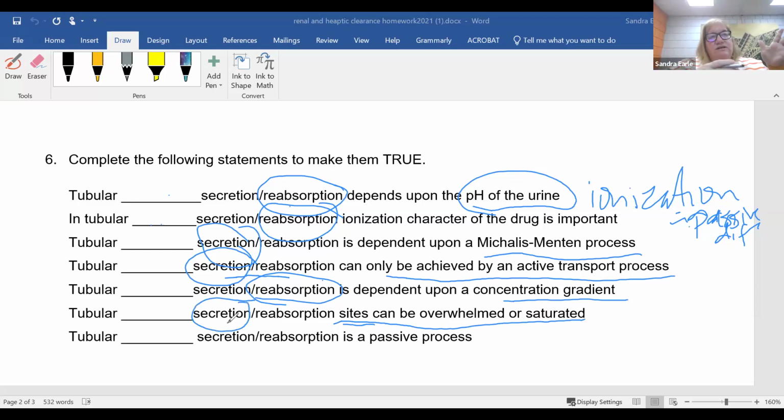Remember, reabsorption is just passive diffusion, so there's no carrier system or anything that we can overwhelm. Now, just to be clear, there is such a thing as active reabsorption. There are some things like glucose that are actively reabsorbed. There are some drugs that are actively reabsorbed, very few though.